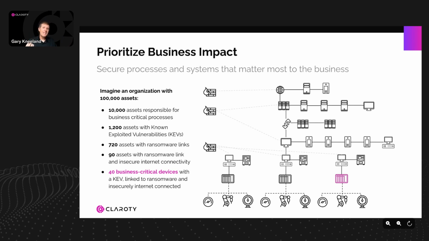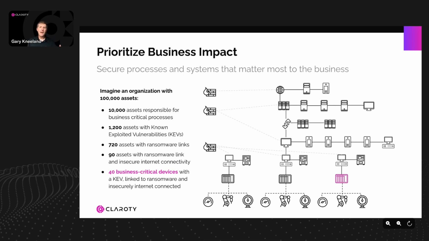But once I get this business impact, I can narrow this list of maybe 10,000 different assets that I should be working on down to 40 business critical devices that have these known exploited vulnerabilities, that maybe have a link to ransomware or insecure internet connectivity. And these are things that are not only highly critical from a risk perspective, but highly critical from a business perspective as well.